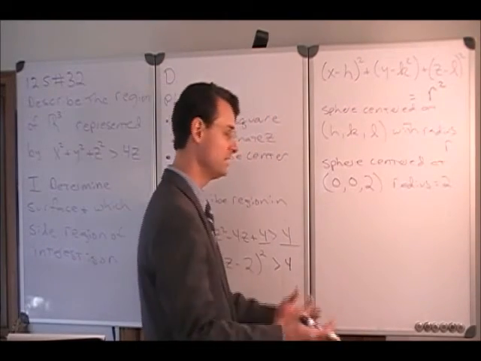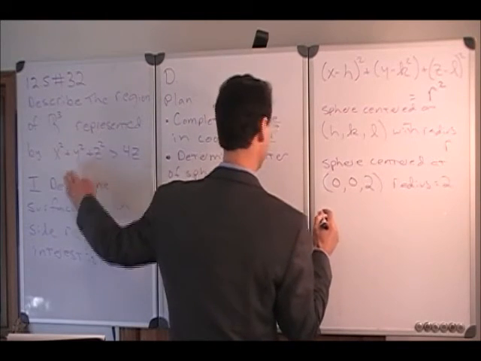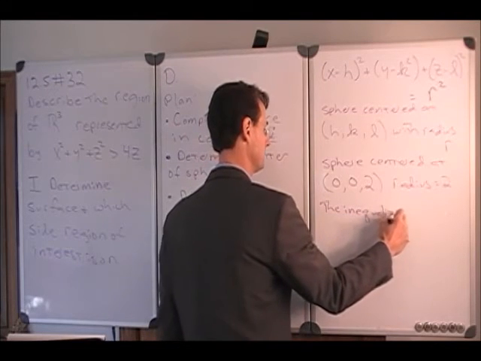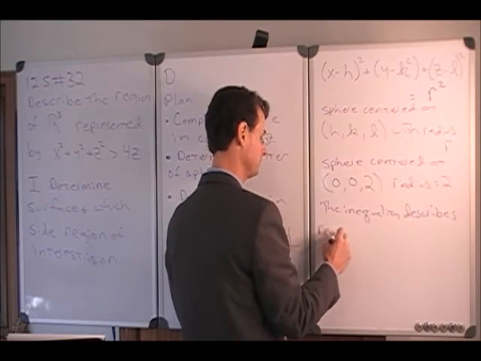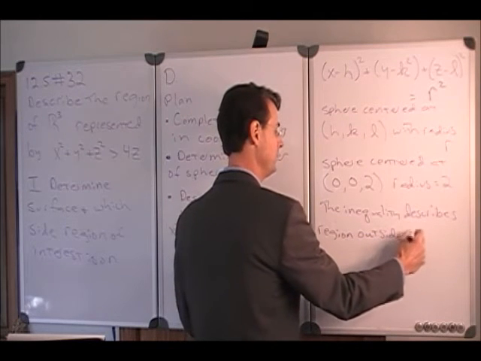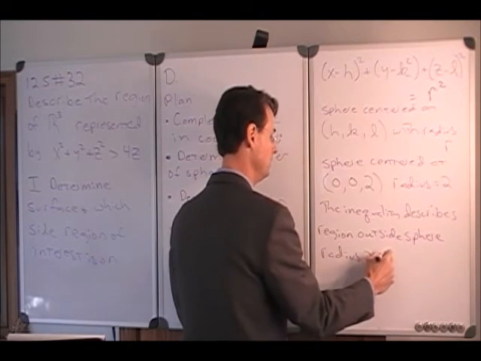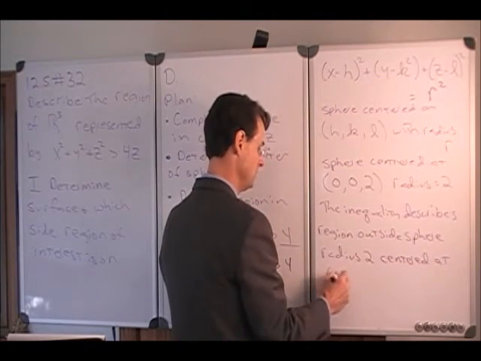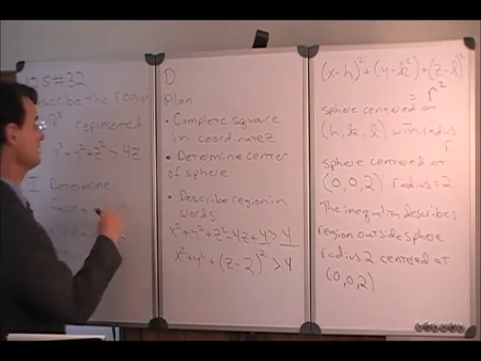So to complete our description in words, the original inequality describes the region outside our sphere of radius 2 centered at (0, 0, 2).